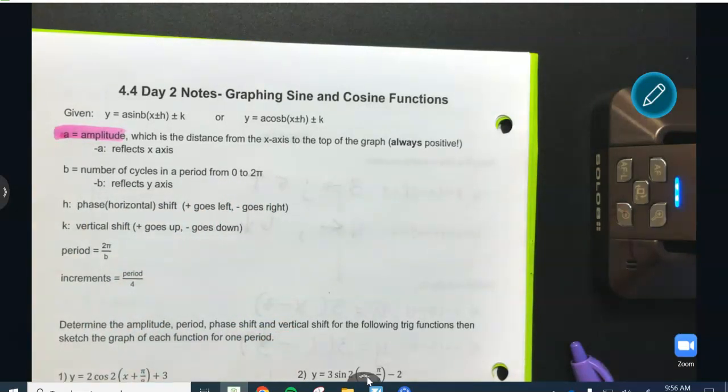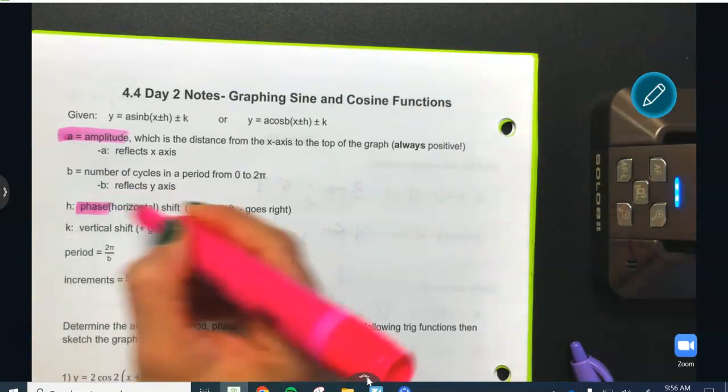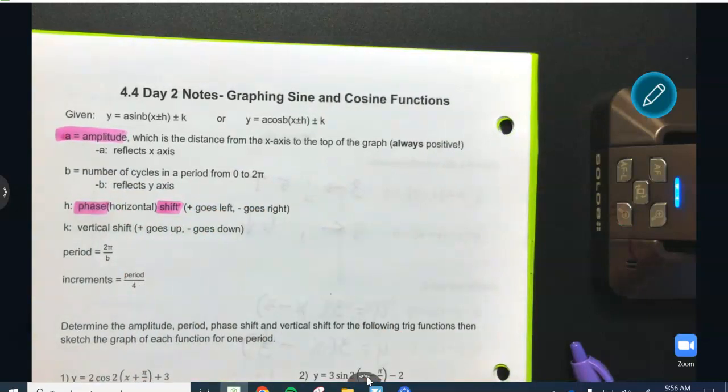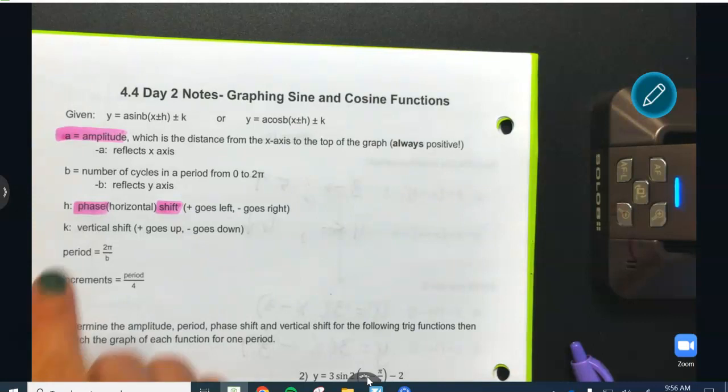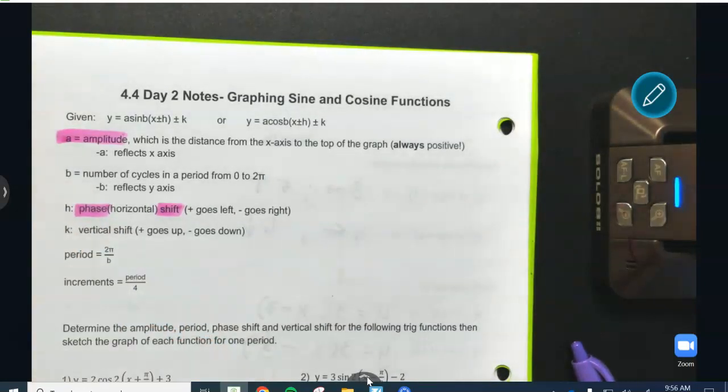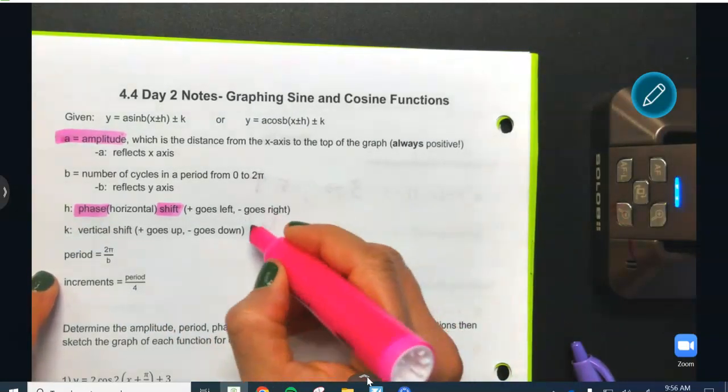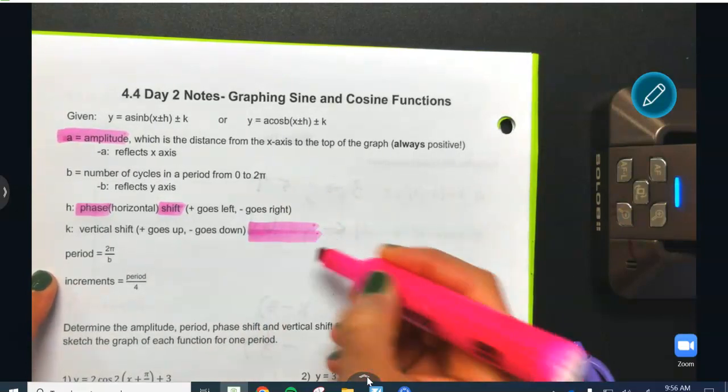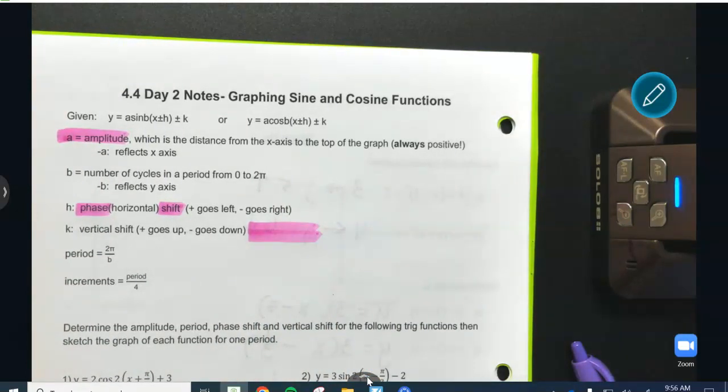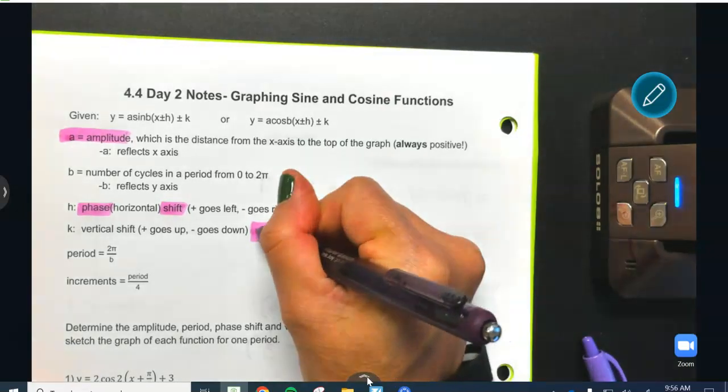H is a horizontal shift for sure, but when it talks about waves, it's called a phase shift. So when you see the word phase shift, and you will on your quiz next week, it's the same thing as a horizontal slide. Your vertical shift is up or down, but it's the midline.